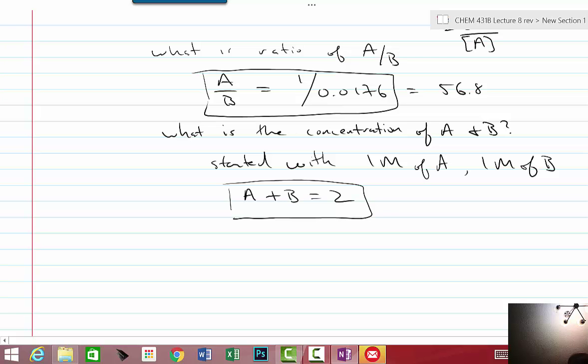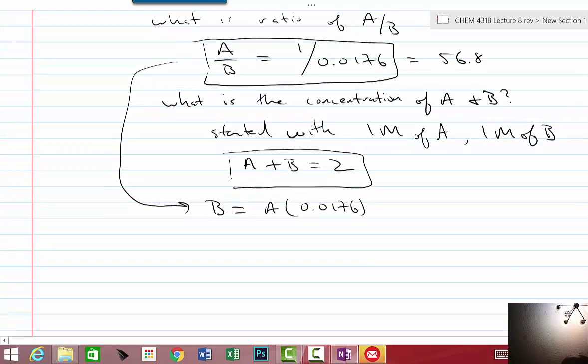So if I solve for B, B is going to be equal to A multiplied by 0.0176. I just rearrange that equation there.